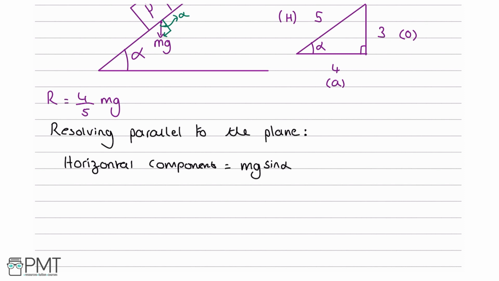So now that we've got that the horizontal component is mg sine alpha, what we know is that because the object is in equilibrium, as we've been told in the introduction to the question, the frictional force is the same as the horizontal component going downwards, okay? So what we can say is that F equals mg sine alpha.